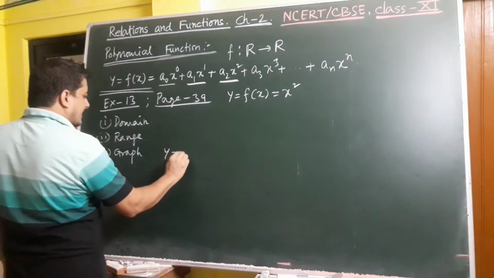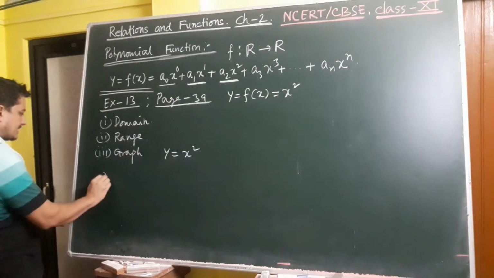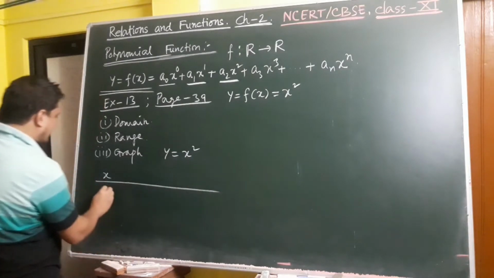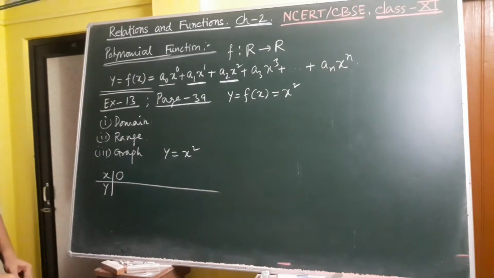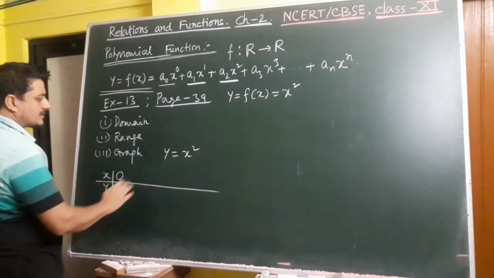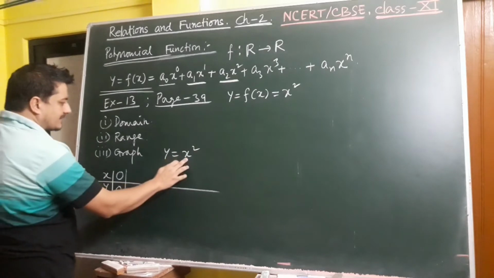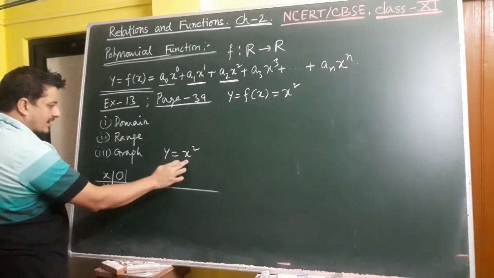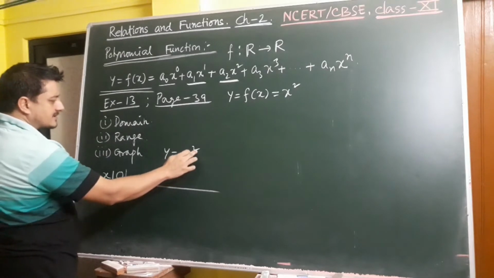So this is y = x square. If I prepare the table of x and y, say x = 0, then y is also equal to 0, since 0 square is 0. Then for plus 1, 1 square is 1, and for minus 1 also, minus 1 square is 1.